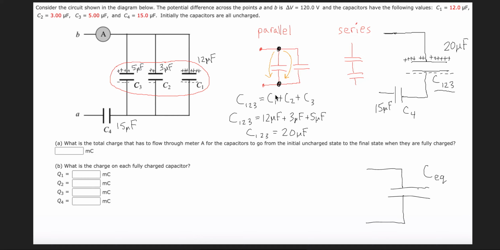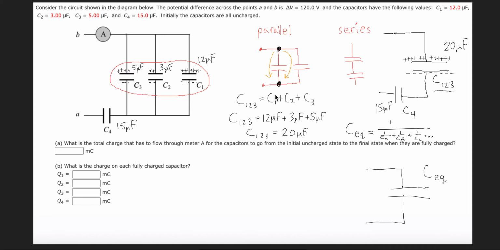The formula is 1 over CA plus 1 over CB plus 1 over CC. As many capacitors as you have in series, that's what you do with them. You do 1 over each of them and just add the results.